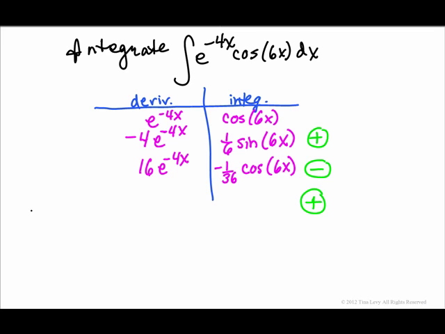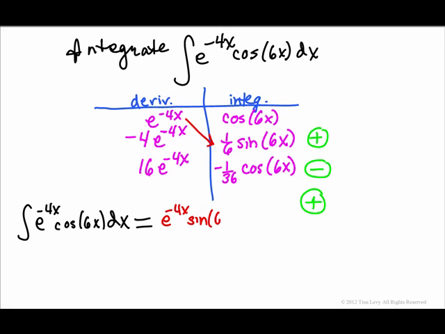So now I'm going to write the integral of e to the negative 4x cosine 6x dx equals, I cross multiply these and I get e to the negative 4x sine 6x over 6.